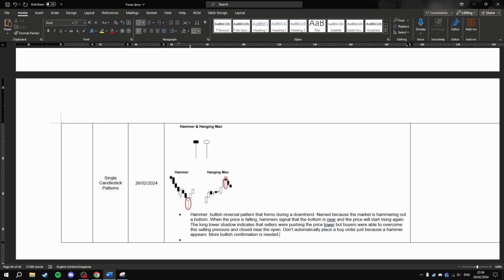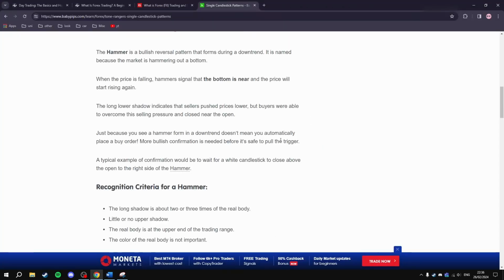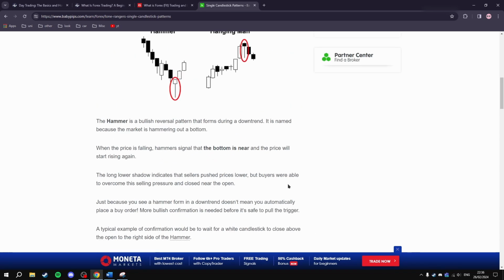A typical example of confirmation would be to wait for a white candlestick to close above the open to the right side of the hammer.